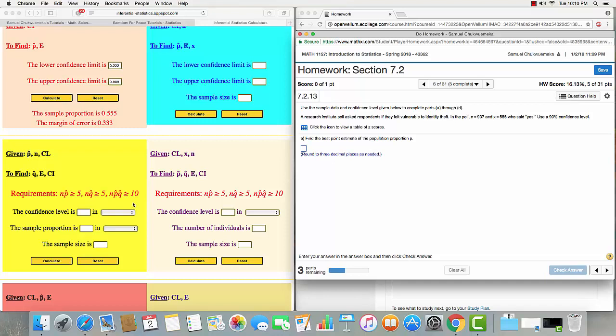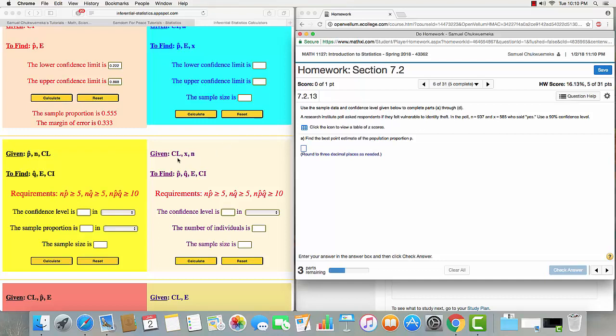Now, let us assume in this assignment that all requirements are satisfied. But I also wrote the requirements here. Let's assume that all the requirements in this homework assignment are satisfied. Because if you're taking this course in a traditional classroom, before you start solving, you would have to make sure that the requirements for constructing a confidence interval are satisfied first.